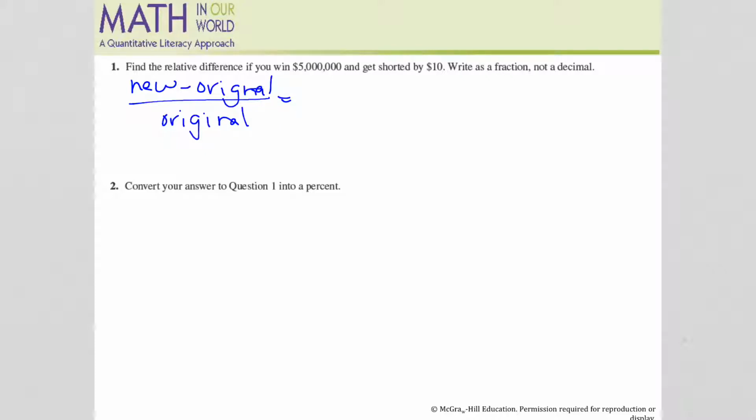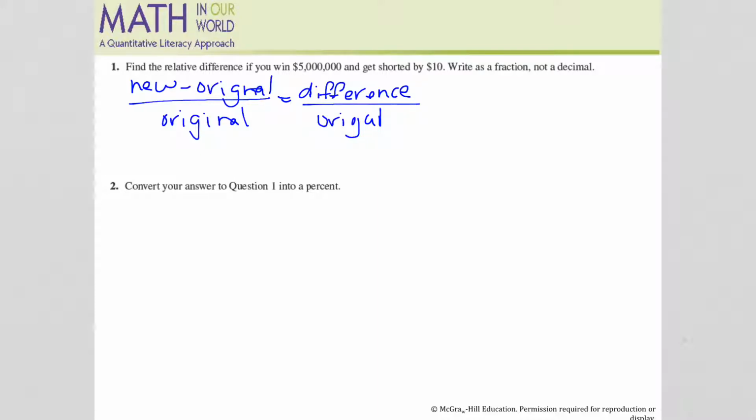And that new minus original is the difference. So our relative difference is the difference over the original, the same thing as the new minus original over original.